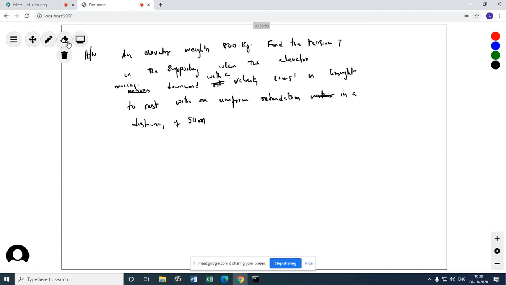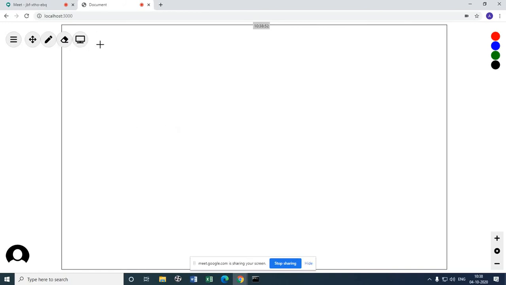May I clear it? Yes, sir. Linear momentum and conservation of linear momentum. We know from Newton's second law, F equals mass into acceleration.